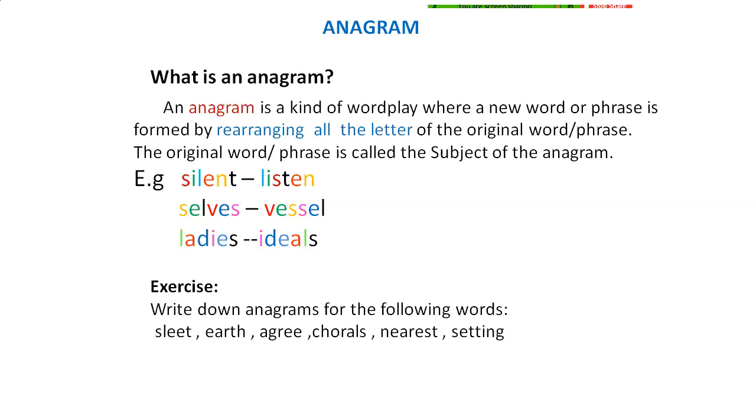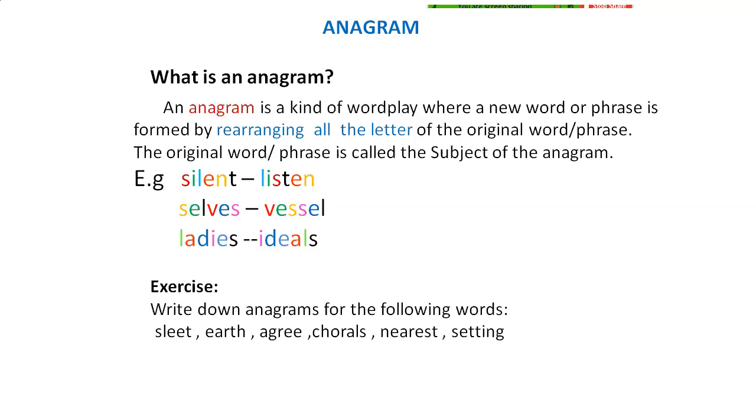Examples are given here. Like, for example, we have taken the word silent. Using all the letters that form this word, we have formed another word, listen. Or the next example, selves.